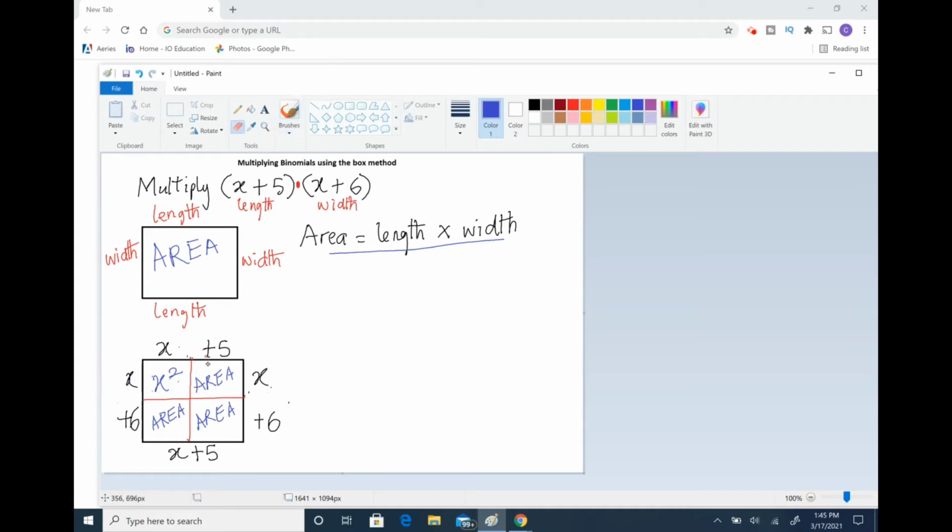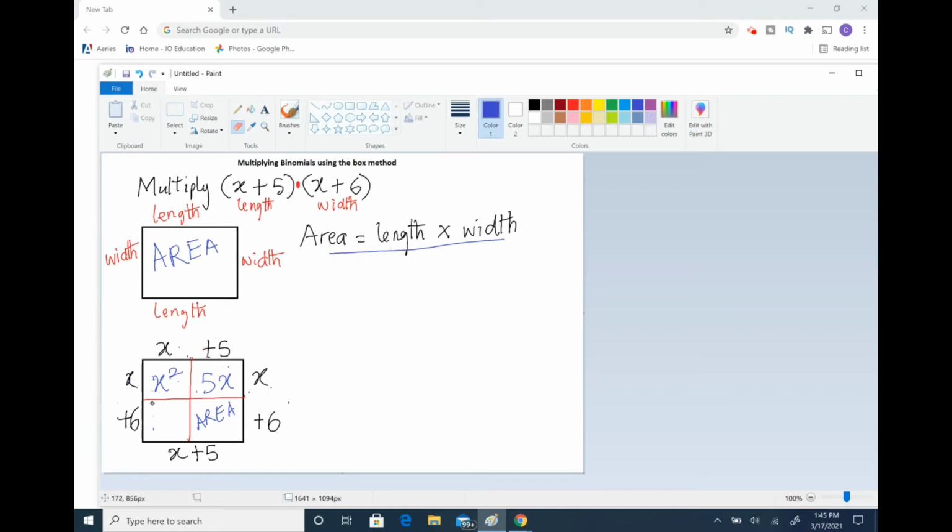Now what is the area for the box on the top right corner? It's length times width, so 5 times x, which is 5x. Then the area on the bottom left, again length times width.